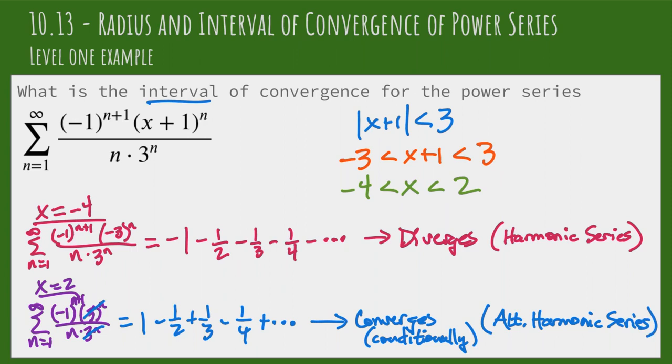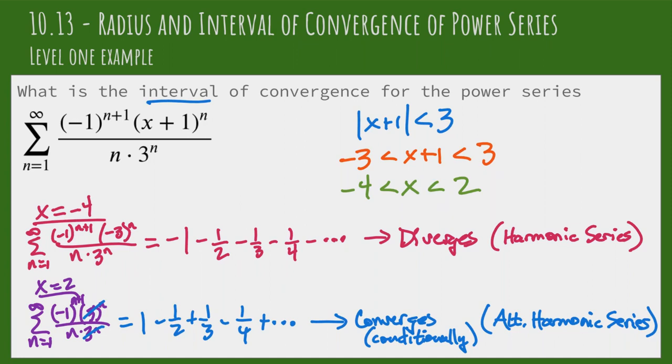We could also say that this converges by the alternating series test, because the terms are decreasing in absolute value to zero, and the terms are alternating. So since it converges when x equals 2, then we do want to include 2 in our inequality.